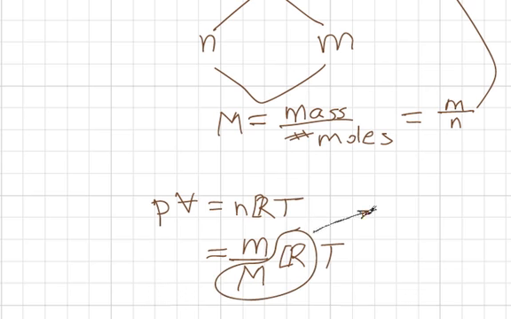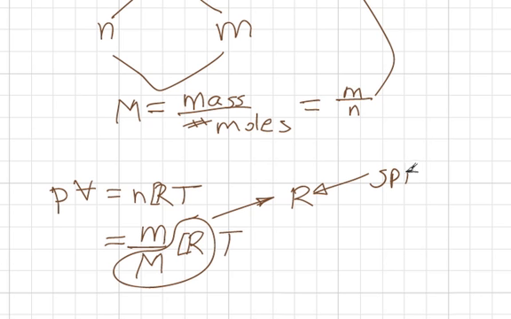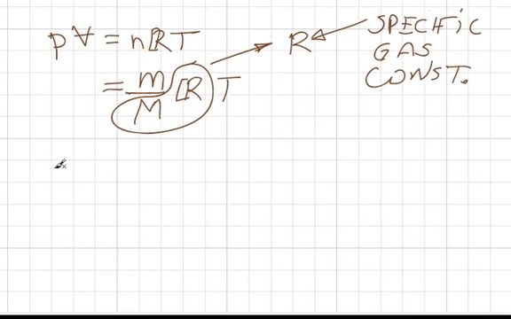We make this a new symbol, which we also call R, and this is the specific gas constant. So, specific gas constant. Let's rewrite the equation: PV is equal to the mass of the gas, times the specific gas constant, times the temperature.